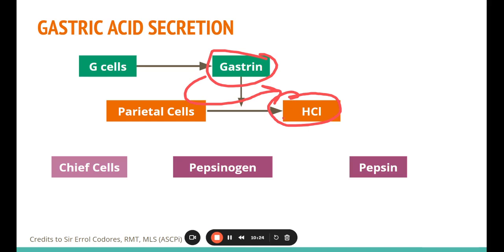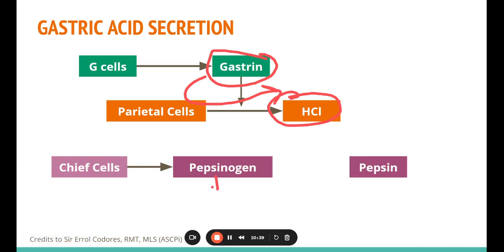As you know, proteins are big and the intestines cannot absorb them unless the proteins are broken down into amino acids. To do so, the stomach has chief cells which secrete pepsinogen.